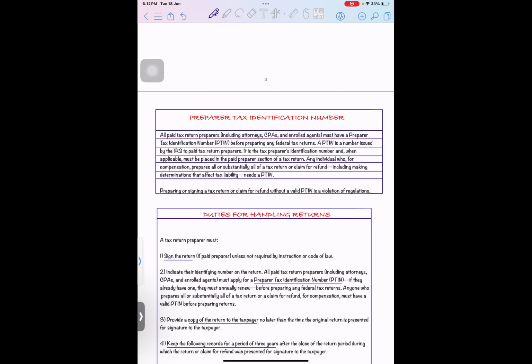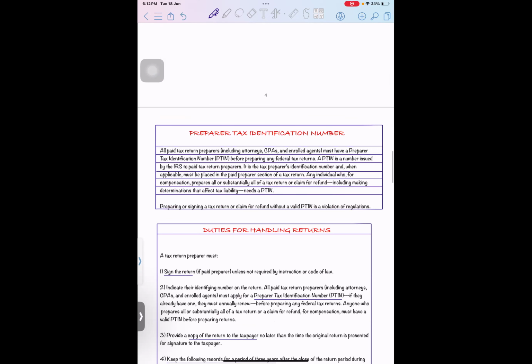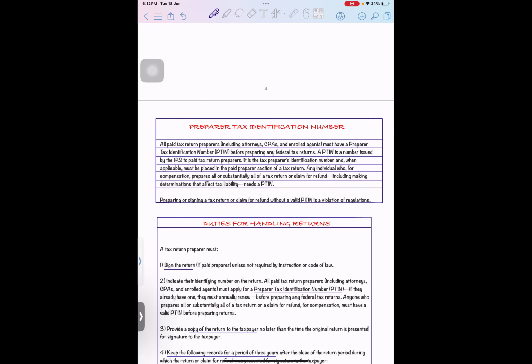Okay, now today we are going to start with the next topic, that is the Preparer Tax Identification Number. I hope I don't need to explain this to everyone who is pursuing EA. You guys are already having your PTIN number, right? So all the paid preparers, how will the IRS identify you as a paid preparer?